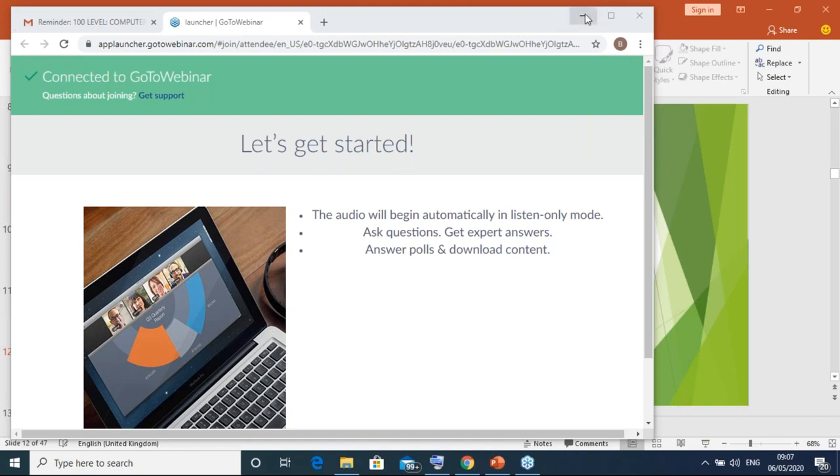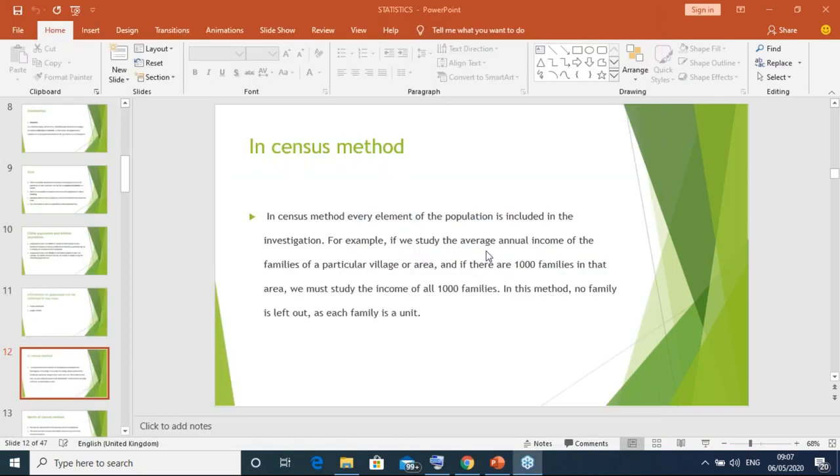I want to welcome us all again to today's class, Computer and Statistics. Last week we introduced statistics, and we tried to define what statistics is. We looked at the origin and growth of statistics.